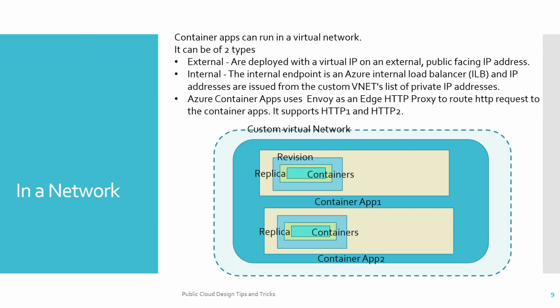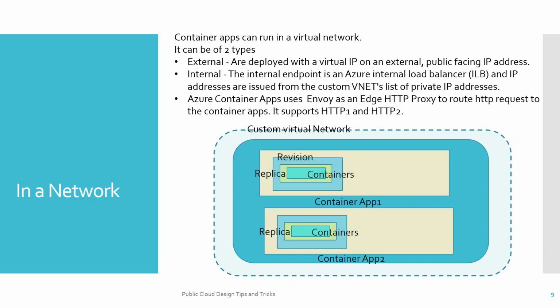Now, from a security perspective, there are certain scenarios where the consumer wants their container application within their own private network. That is where networking comes into the picture. If you think about container app accessibility, there are two flavors possible: external and internal. External apps are deployed with a virtual IP on an external, public-facing IP address.